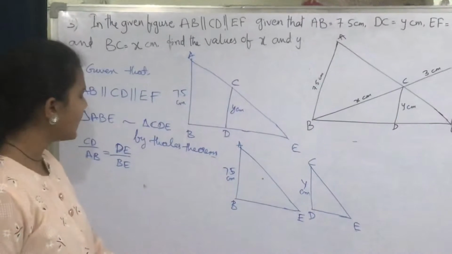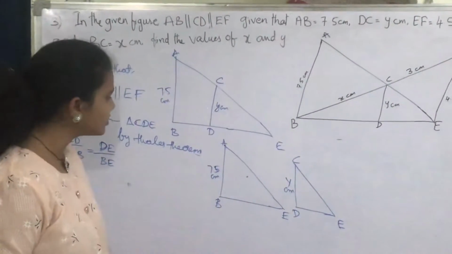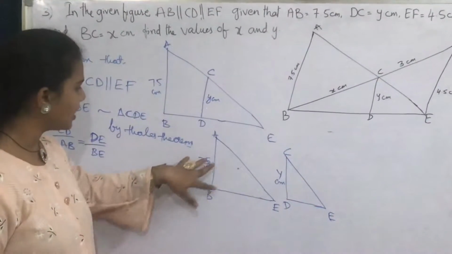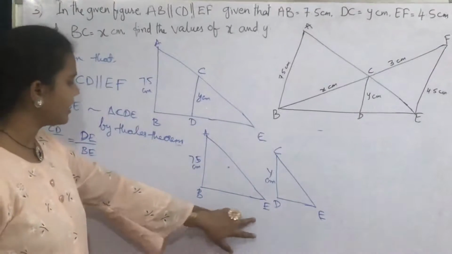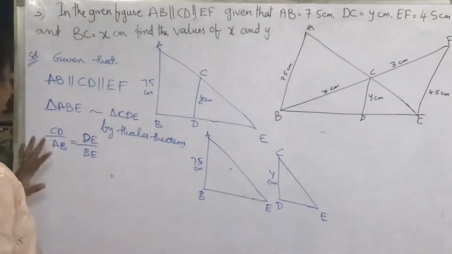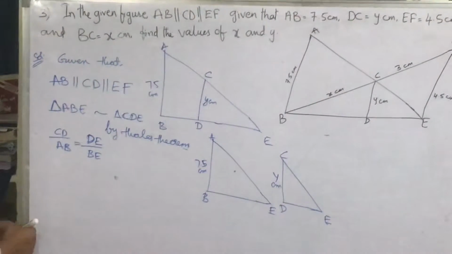If two triangles are similar, then their corresponding sides are divided in the same ratios. Thus I can say that AB equals CD, BE equals DE, and AE equals CE. So here I have taken only two sides, where CD by AB equals DE by BE.